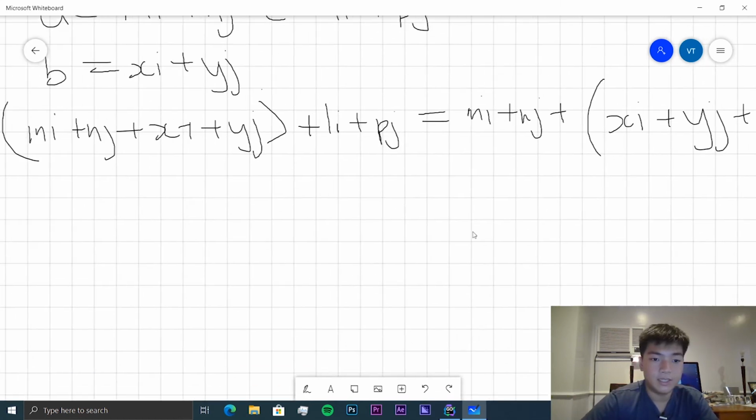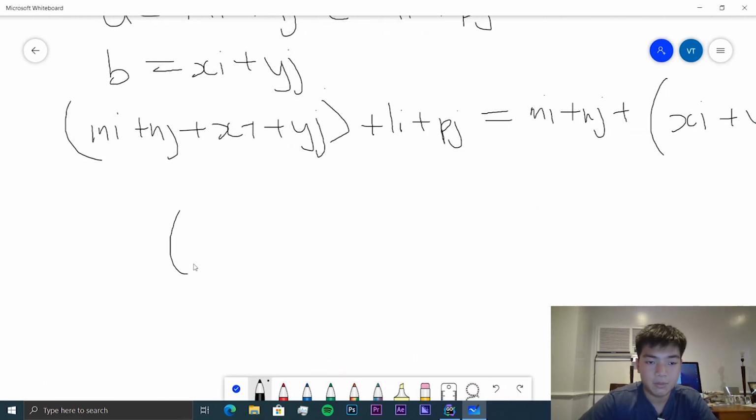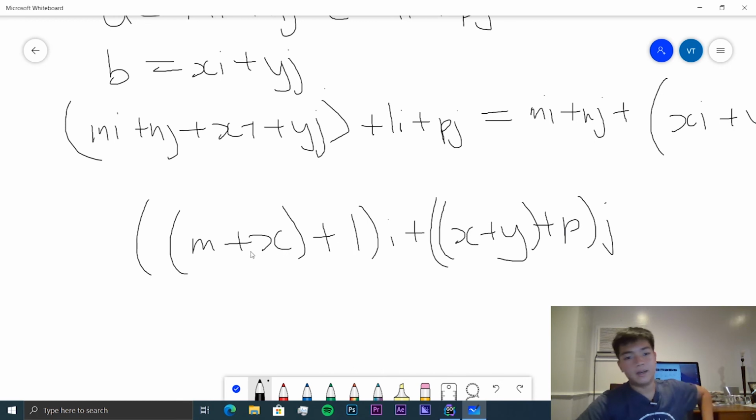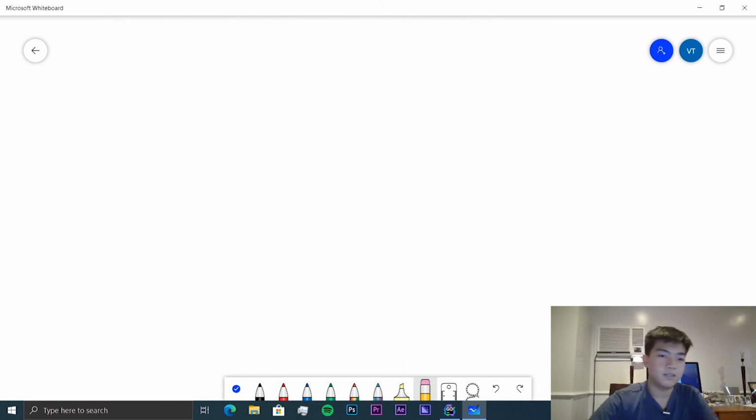And so for both sides, this will be equal to (M plus X plus L) times i plus (N plus Y plus P) times j. And so it doesn't matter, since these are all real numbers, which way you add the brackets. So this proves the associative property of vectors.